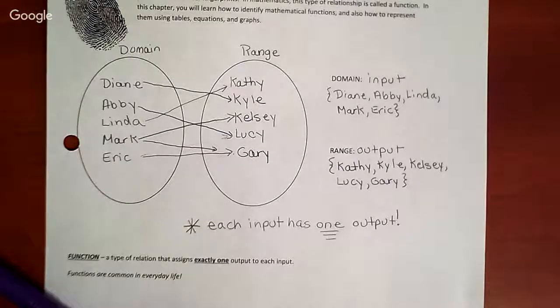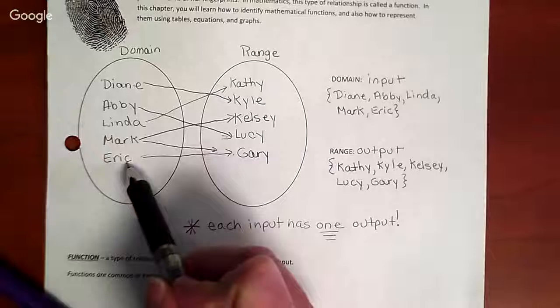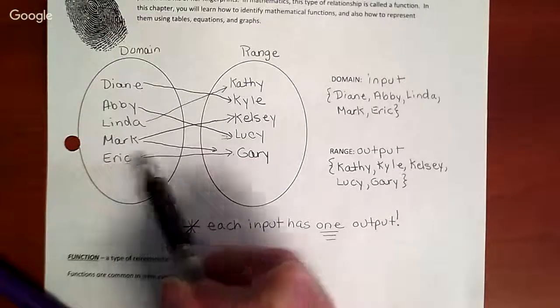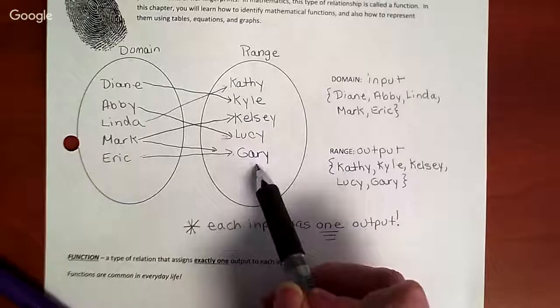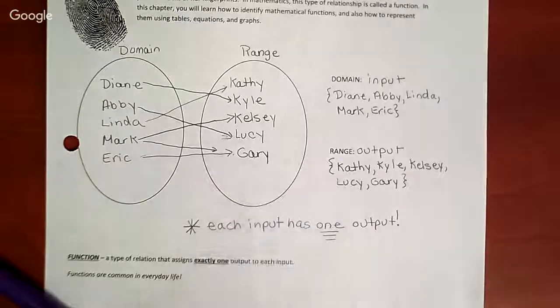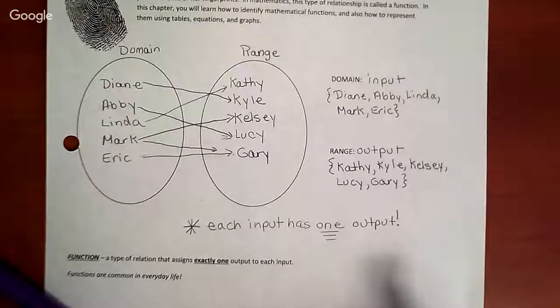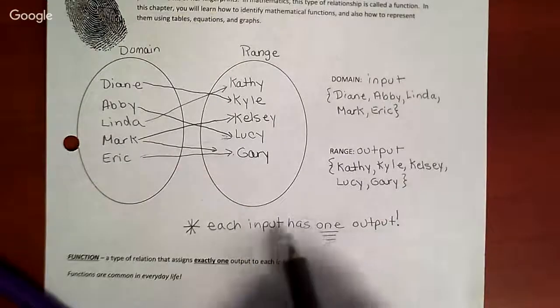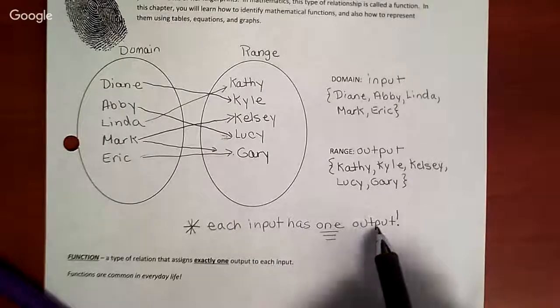What I cannot have is one person going to two separate people. That would be 1 to 2. It no longer would be 1 to 1.